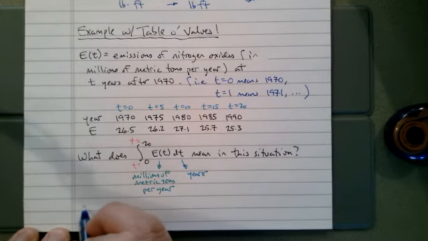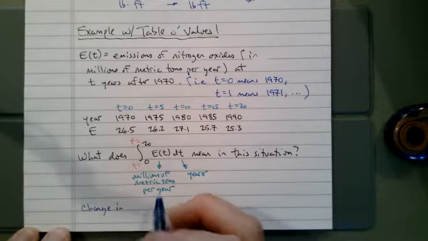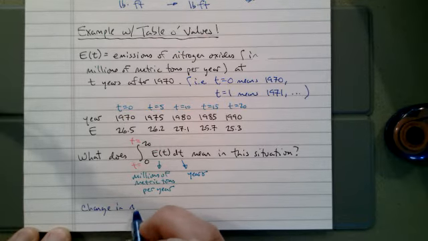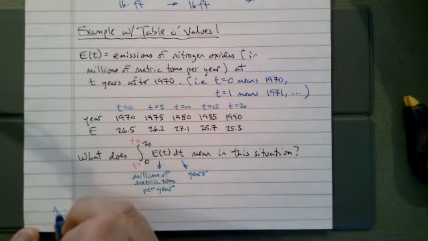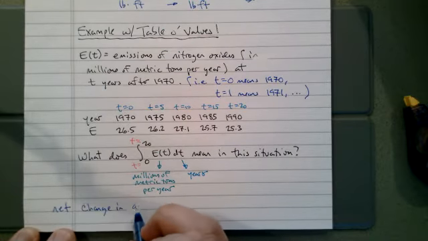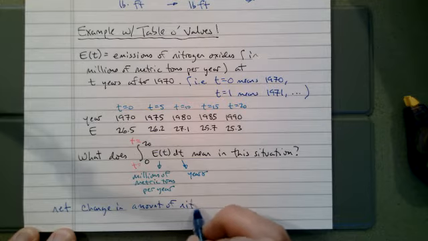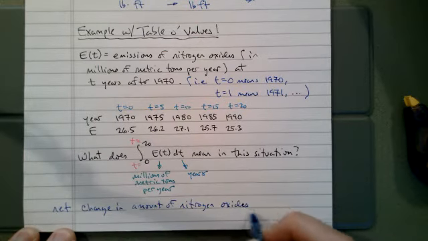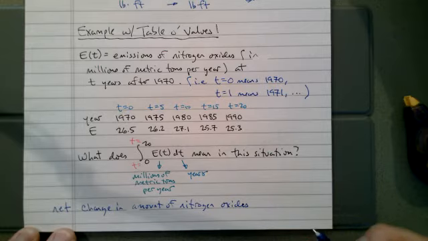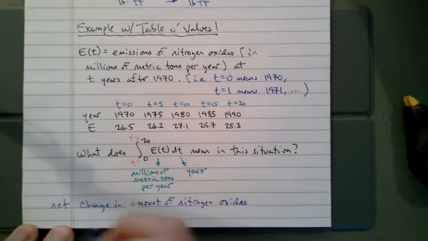It'll be the change, let's say the net change in the amount of nitrogen oxides between 1970 and 1990.